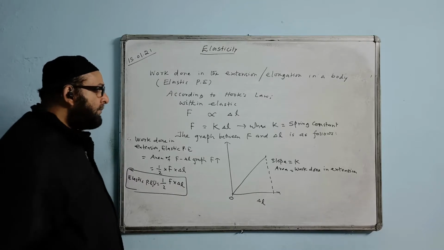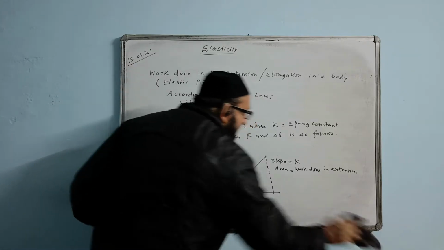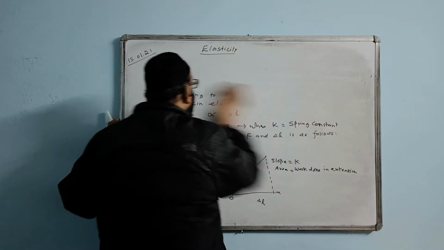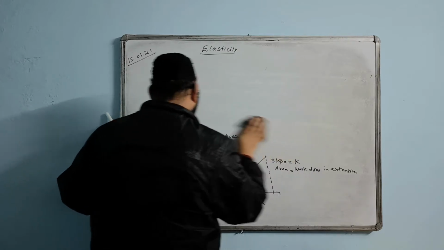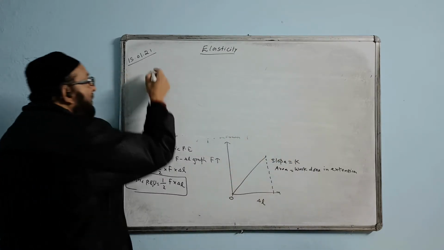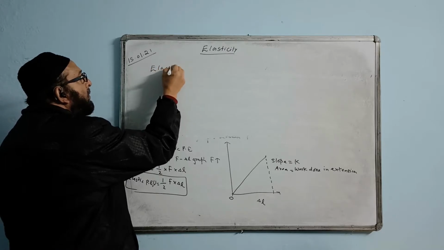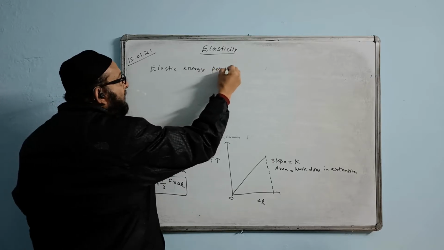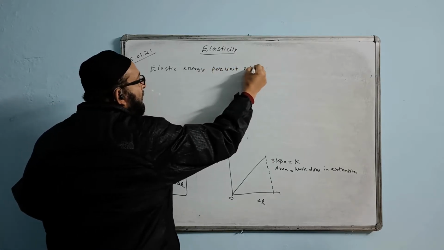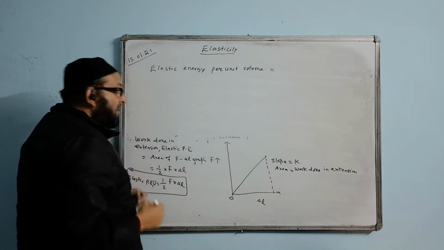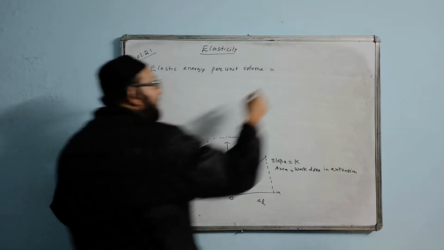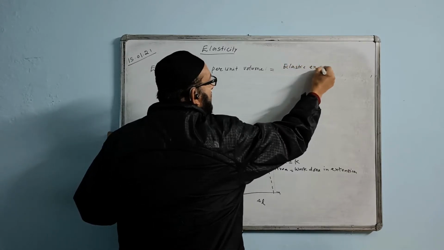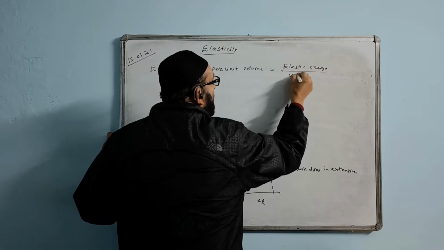Okay. We find one more thing called energy density. Elastic energy per unit volume is called energy density. We write: elastic energy divided by volume.